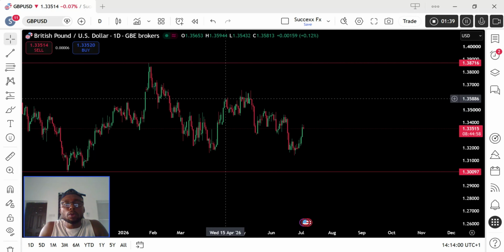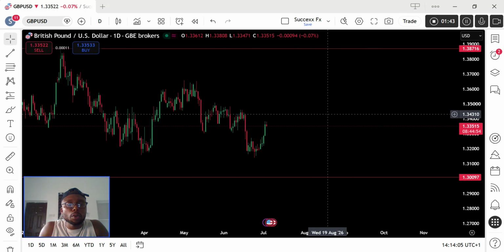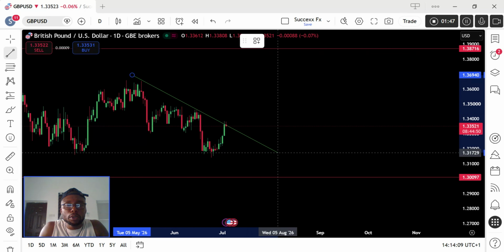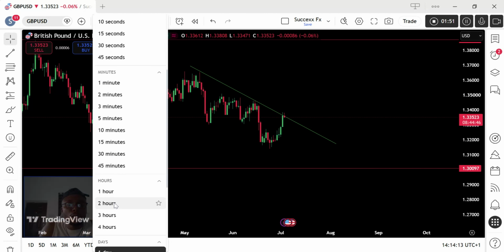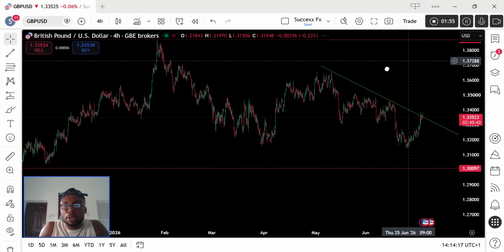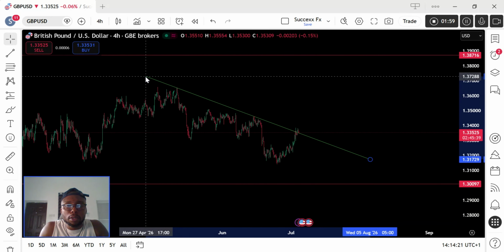All right. So yesterday, following that approach, we drew a trend line here. This is the daily time frame. So I'm gonna scale down to the 4 hours time frame because that is where I basically do my bias. All right.